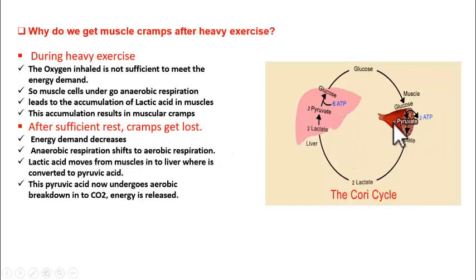Now the lactic acid present in the muscles will move to the liver. See here, the lactate from muscle is moving through blood to the liver, and inside the liver this lactic acid undergoes reverse reactions. Lactic acid becomes pyruvate becomes glucose, and this glucose then enters the blood, comes to muscles, and now breaks down by aerobic respiration because oxygen is plentifully available now.